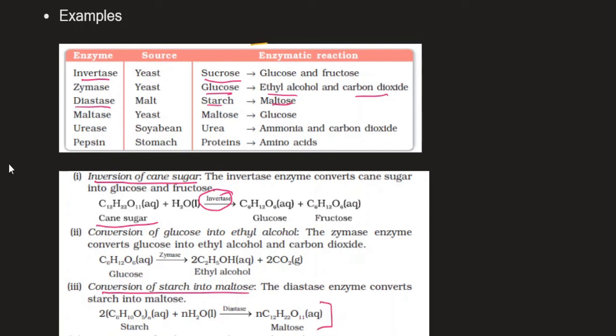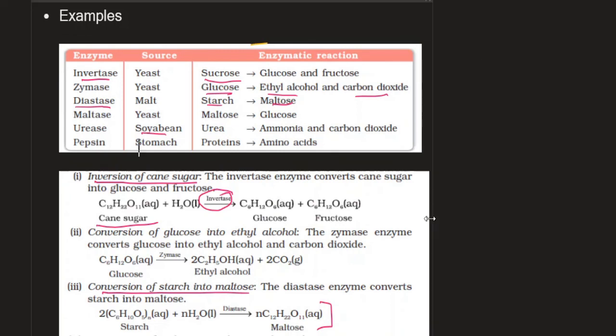And then urease, that is available in soya bean. The urease present in soya bean specifically attacks urea to give ammonia and carbon dioxide.